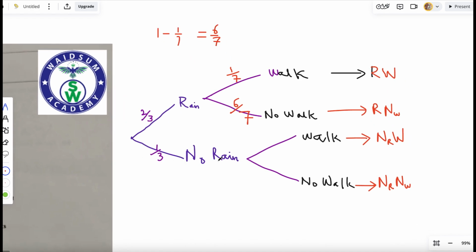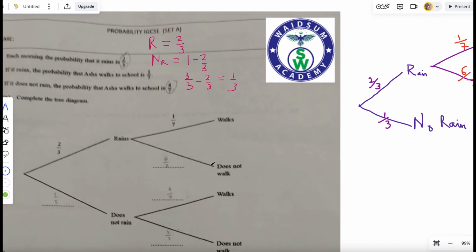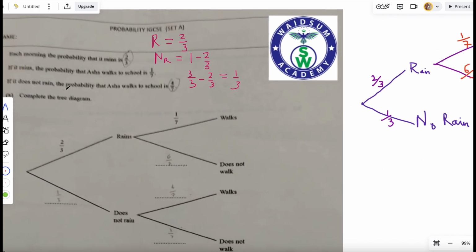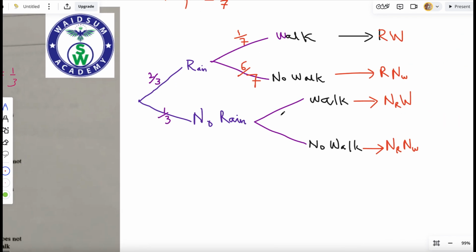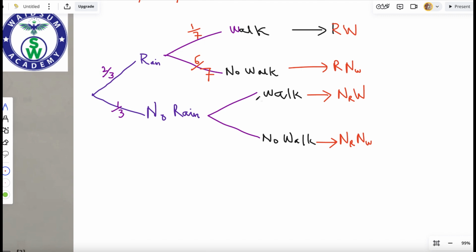This is where there is no rain. The probability that I shall walk to school when there is no rain is 4 over 7. So here I have 4 over 7.